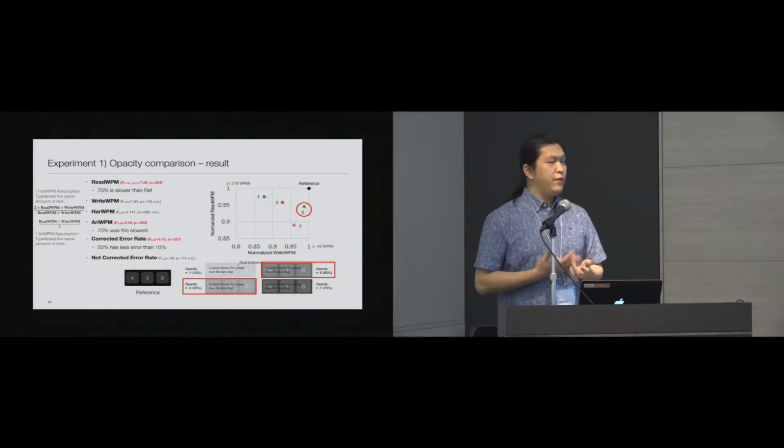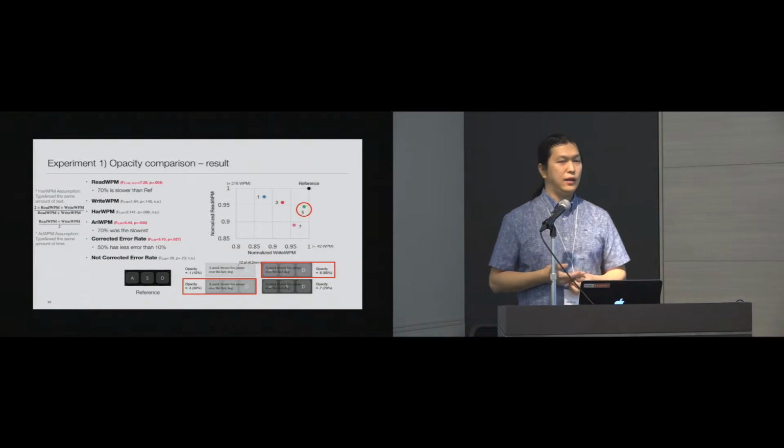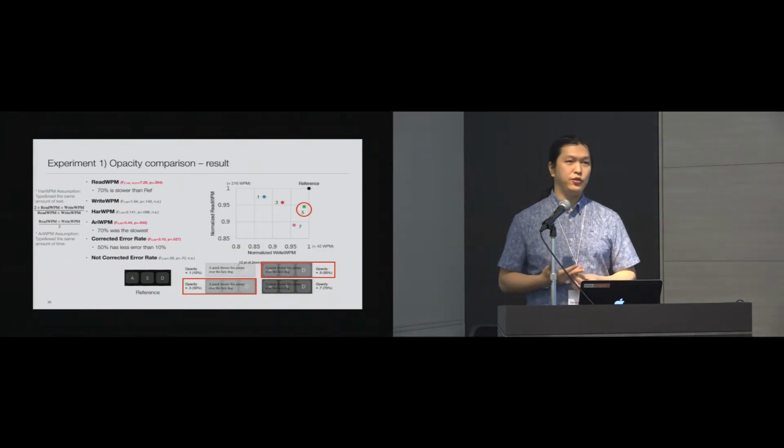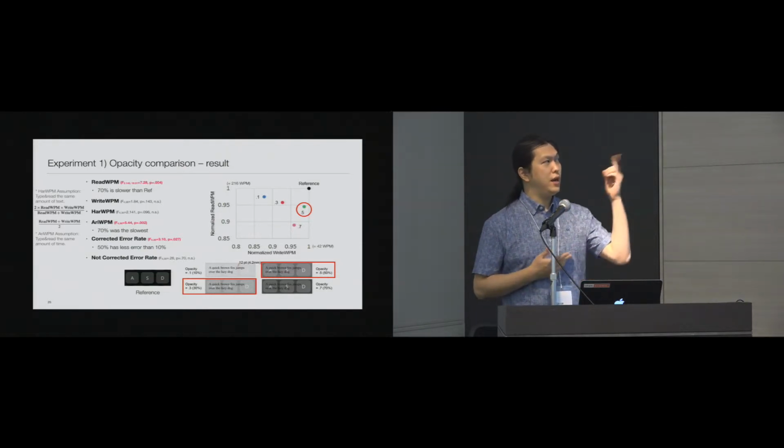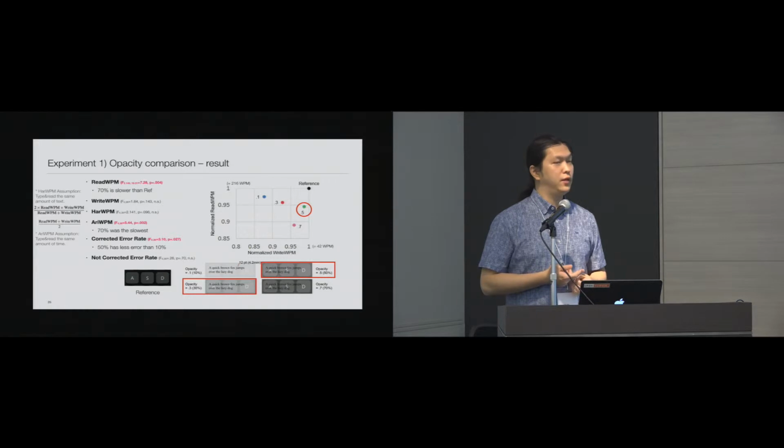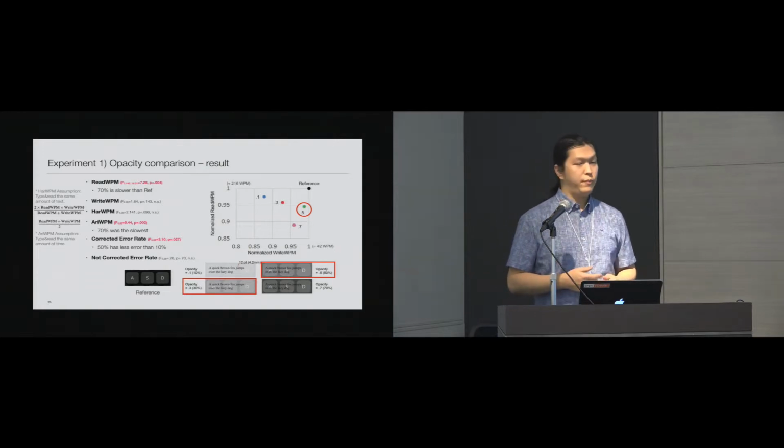Every metric shows the dominance of the 50% condition. So we concluded that 50% opacity is the most balanced condition between reading and typing. And as you can see, the performance of reading and typing is over 95% of the reference condition, which is very impressive.